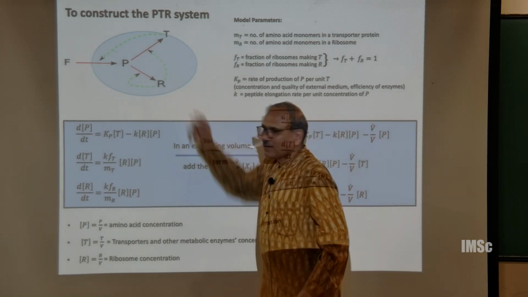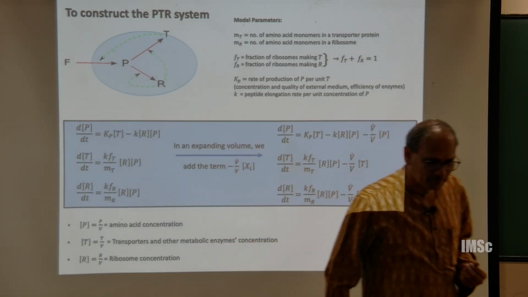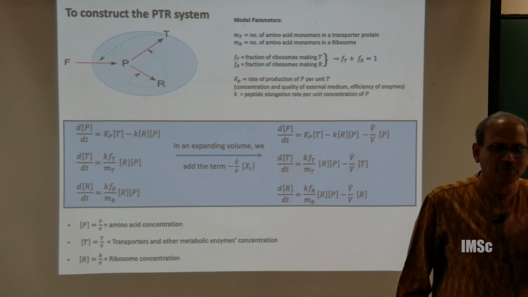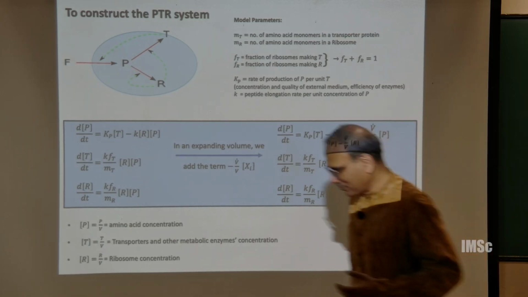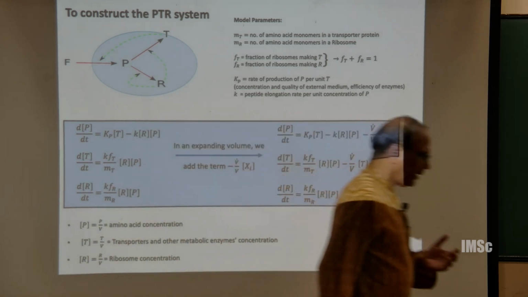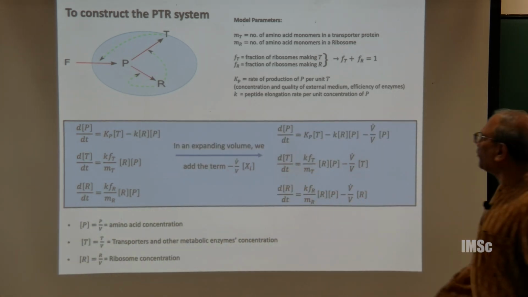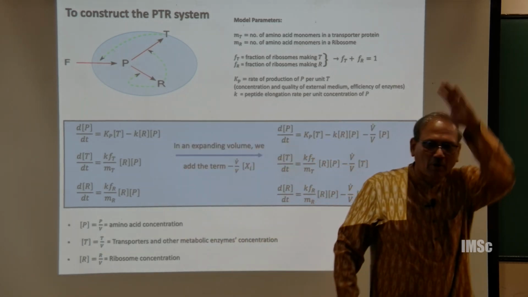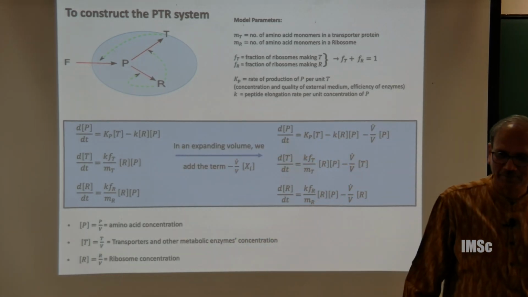And R stands for ribosome. Ribosome is a familiar object to I guess all of you in the cell, and the ribosome consists of RNA and protein molecules. R stands for the pool, the number of ribosomes inside the cell.